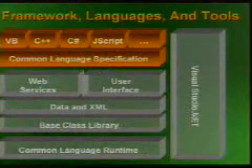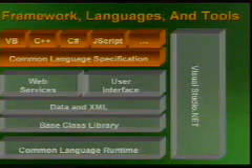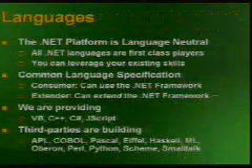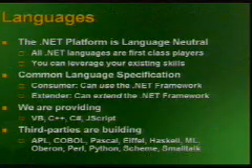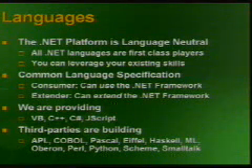So let me now turn to the programming languages that are built on top of the Common Language Runtime and the class libraries. And let me again point out that the .NET platform is truly language neutral. In the .NET platform, all languages are first-class players.